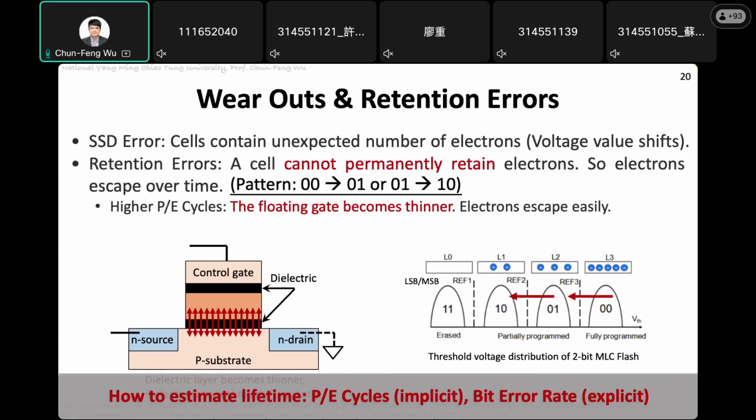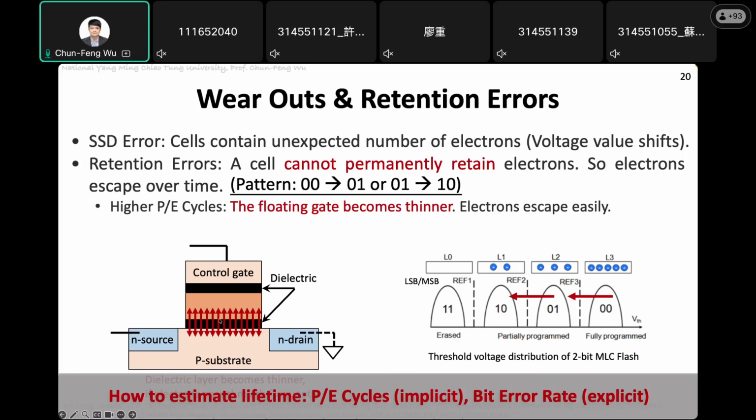But the reason I say this is an implicit way is that for each cell, there is process variation. Even if they endure the same 100 accesses, they will have different effects on the dielectric layer.